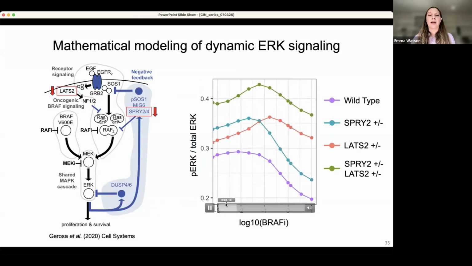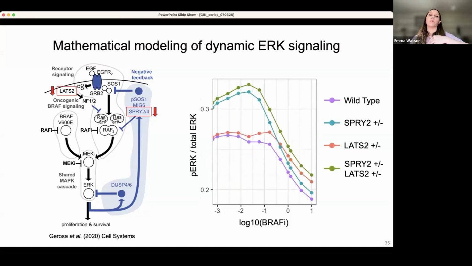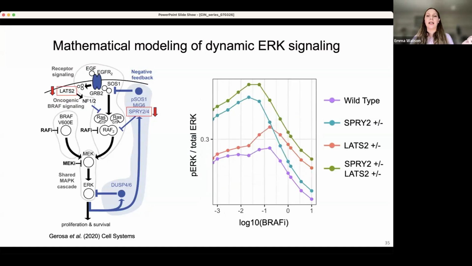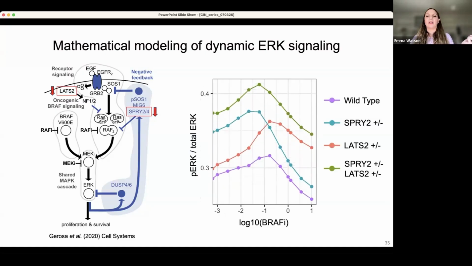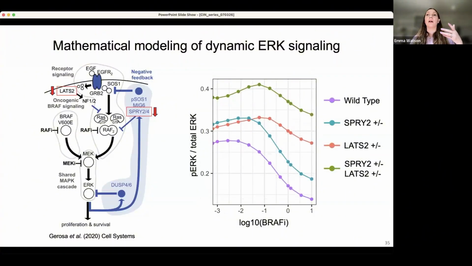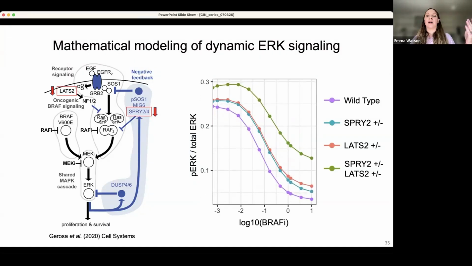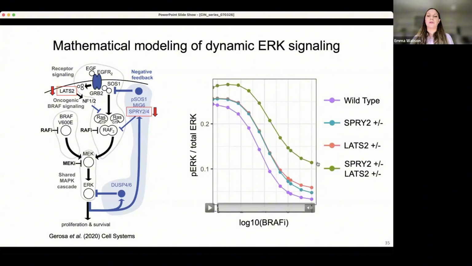At early time points, the double mutant looks more like the SPRY2 mutant, so it has a much higher pulse of activity initially before the negative feedback kicks in. Once the negative feedback starts to kick in, we start to see that the double mutant is behaving more like the LATS2 mutant, and that it has a slower dynamic return to baseline. And so from inheriting both of these features, it ends up with much higher phospho-ERK signaling after it reaches steady state.